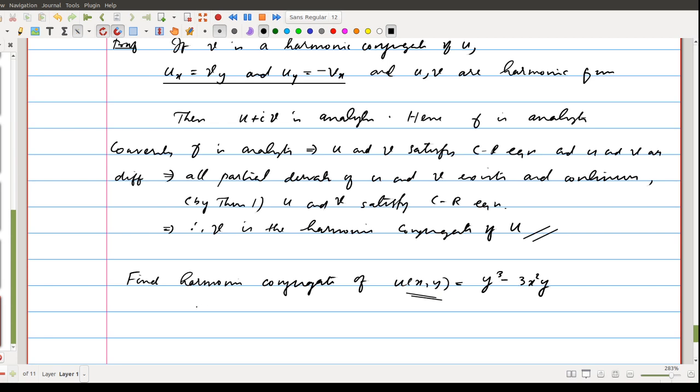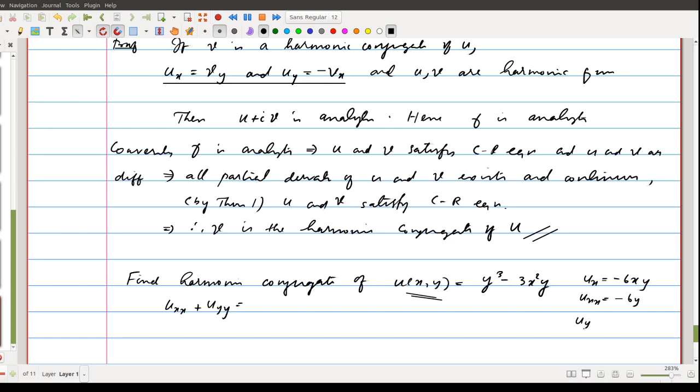And you can easily verify that u xx plus u yy is zero simply from this expression itself. The derivative of this function with respect to x is minus 6xy, because the first term is constant, and similarly u xx is equal to minus 6y.